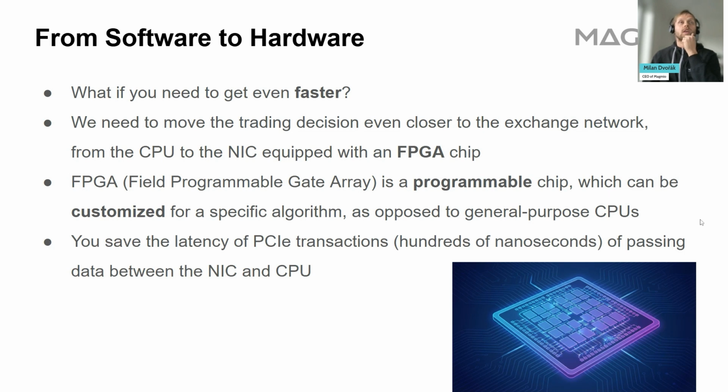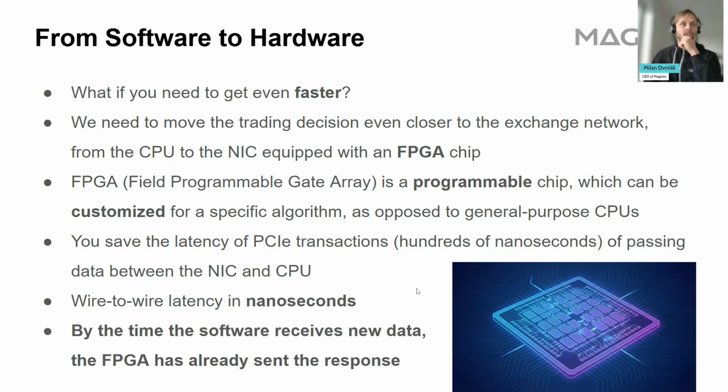So now the trading decision is made in the FPGA chip directly on the NIC, which means you save the latency of communication between the network interface card and the host CPU. These messages are passed over the PCI Express bus, and these transactions take hundreds of nanoseconds. So this is what you save by moving from software directly to hardware, and this can get you to wire-to-wire latency in nanoseconds. So now you went from microseconds to nanoseconds.